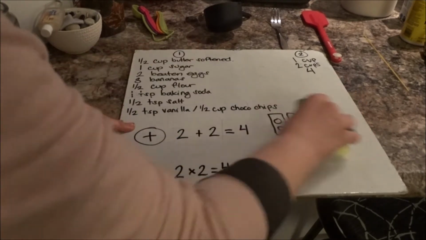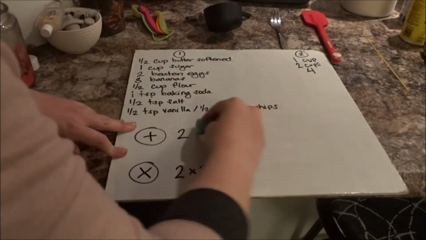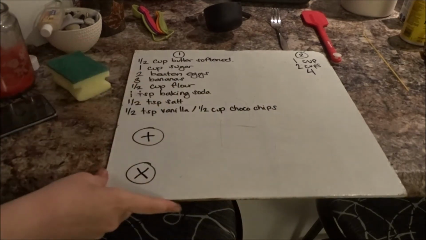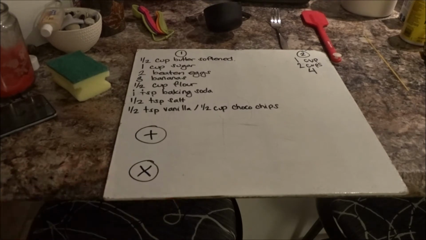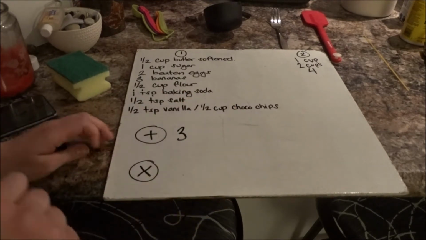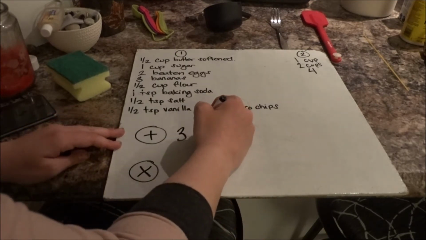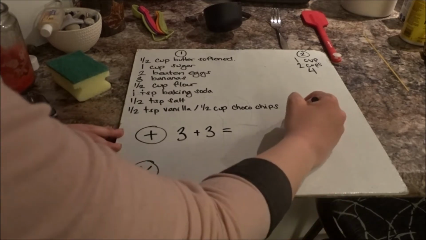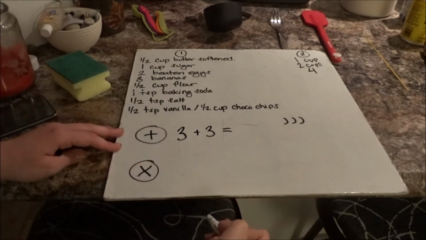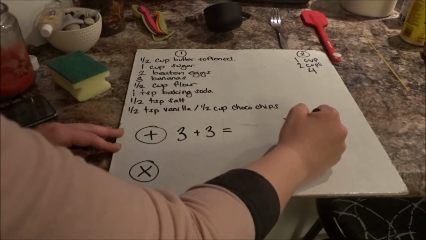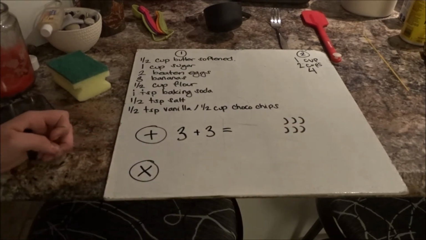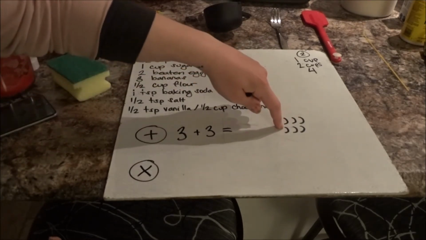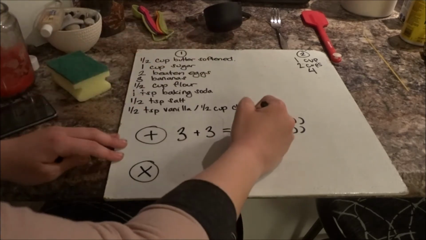On to the next one, which is the bananas. The base of the wonderfulness. For the bananas, we know that we need 3 bananas. So 3 bananas plus 3 bananas equals, well, let's see, 1, 2, 3 plus 1, 2, 3 equals 1, 2, 3, 4, 5, 6.